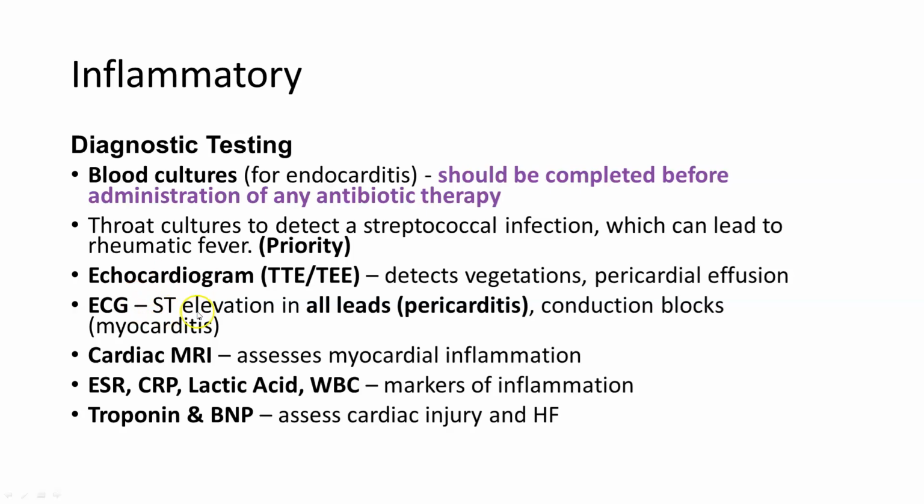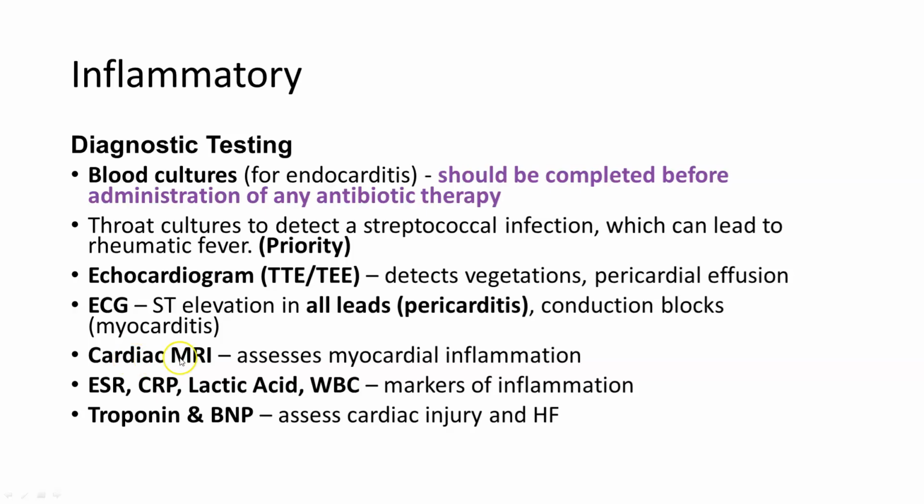On our ECG, you may see ST elevation. It's typically in all leads for pericarditis, which is going to be different than a true MI, because we know an MI may not show up in a lot of the leads. We're going to be looking for conduction blocks, because that heart tissue itself is actually inflamed.